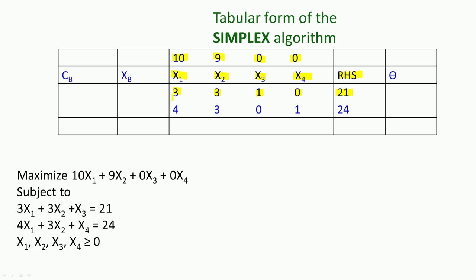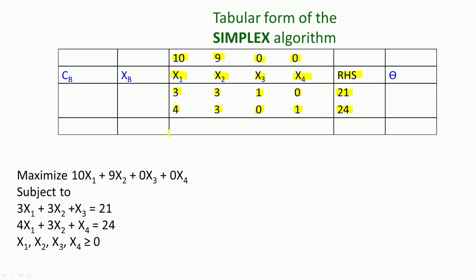The second equation is 4x1 plus 3x2 plus 0x3 plus 1x4 is equal to 24, and it is written the same way. So, the two equations are written in the form of a table.